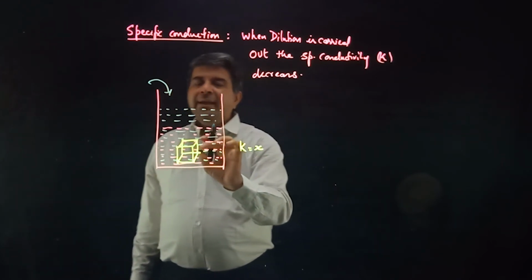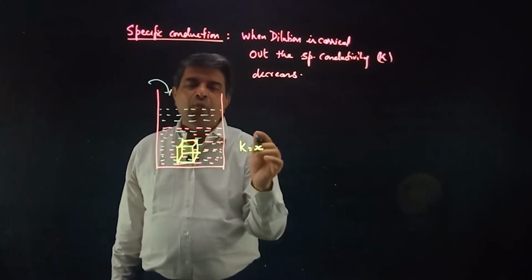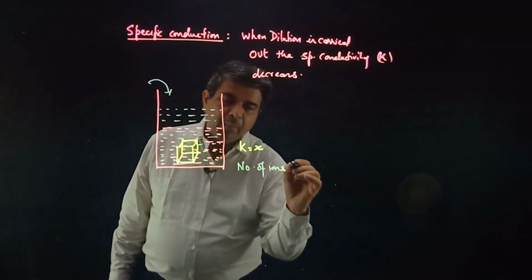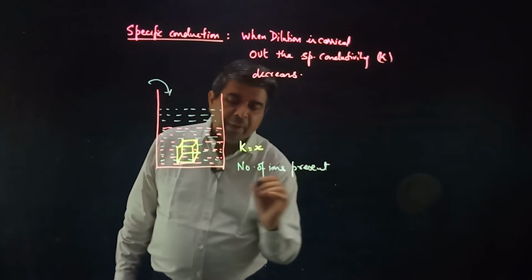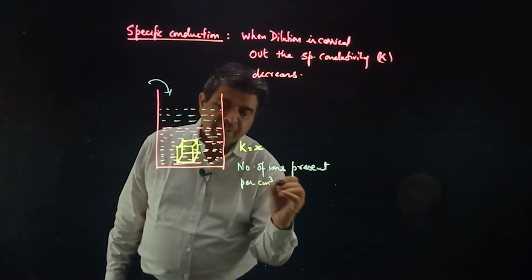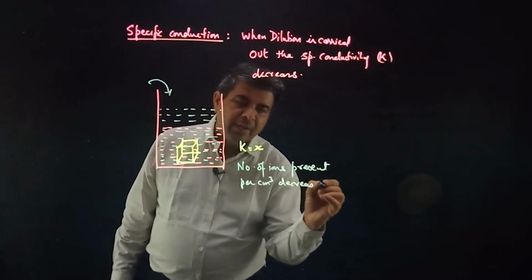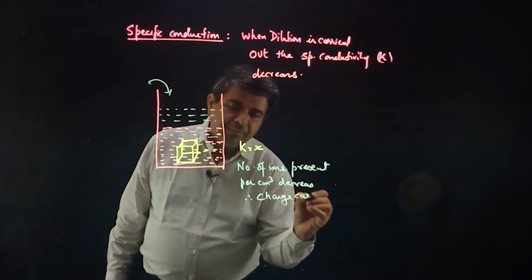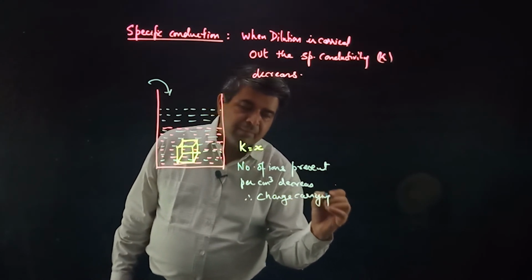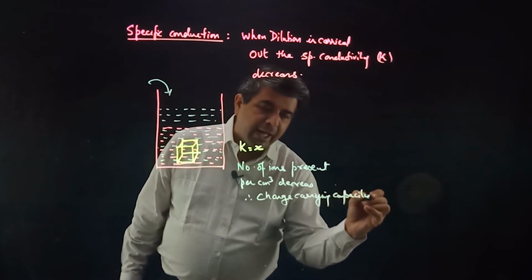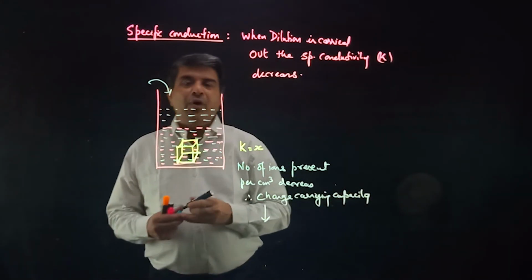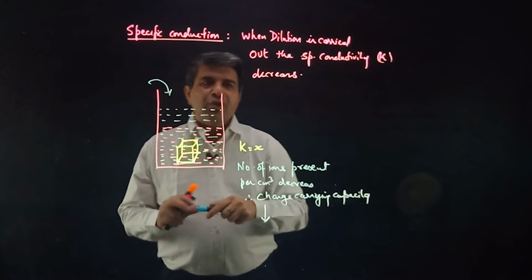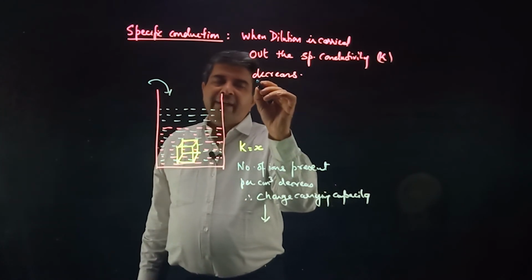So number of ions present per centimeter cube decreases. Therefore, current charge carrying capacity also decreases, because charge carrying capacity of the 1 centimeter cube solution decreases, so the specific conductivity decreases.